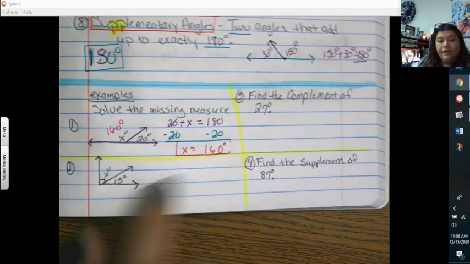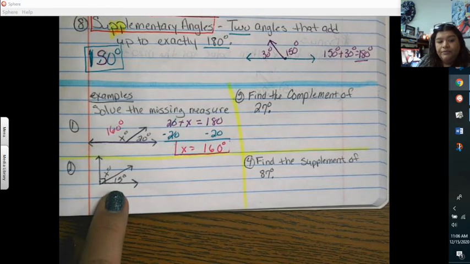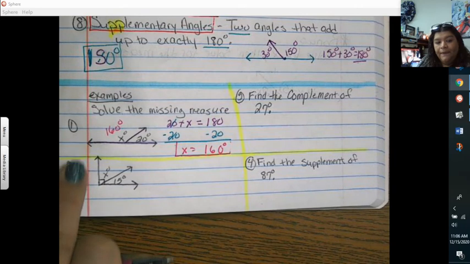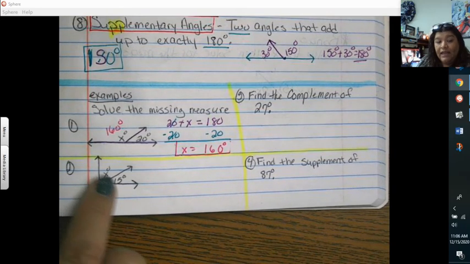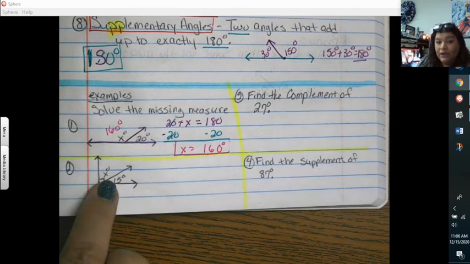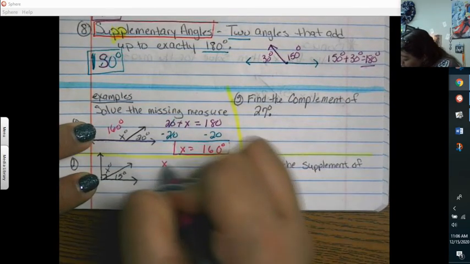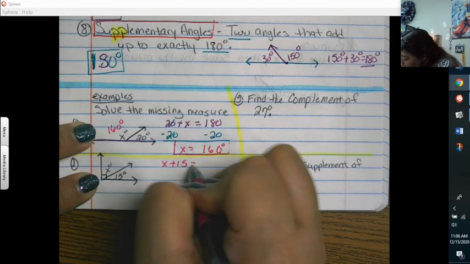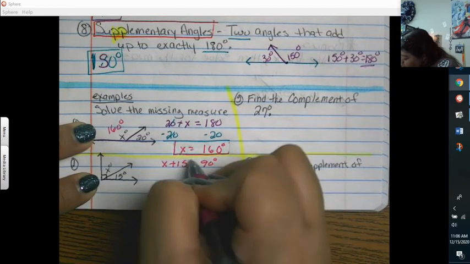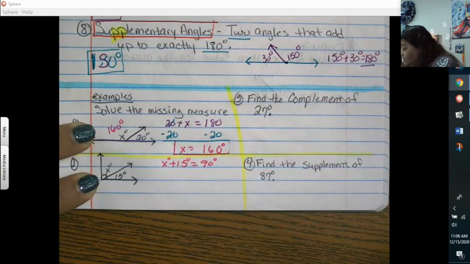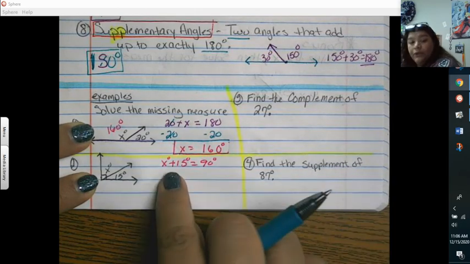Good. Now look at number 2. Look at the angle. I see that box, which means I know when I add these together, I'm going to equal what? So I'm going to write that down. I know that x plus 15 equals 90 degrees. So to solve for this, we do the opposite.